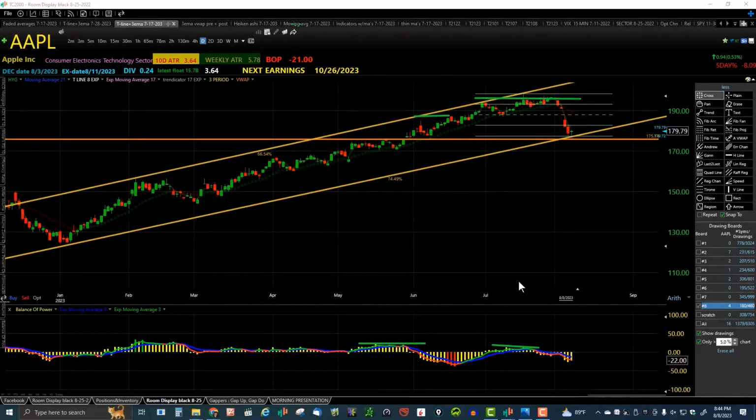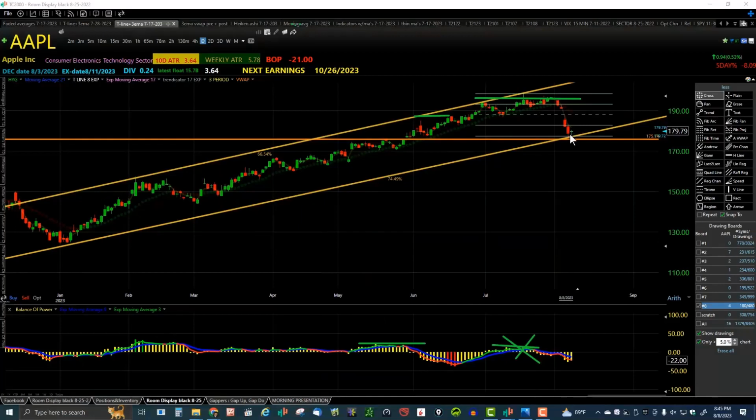Okay, so that right there, that's a divergence. That's a divergence because if price makes a higher high, but the balance of power did not, then that's a negative divergence. And that means in the near future, price is going to come tumbling down. And in which case, here it does.